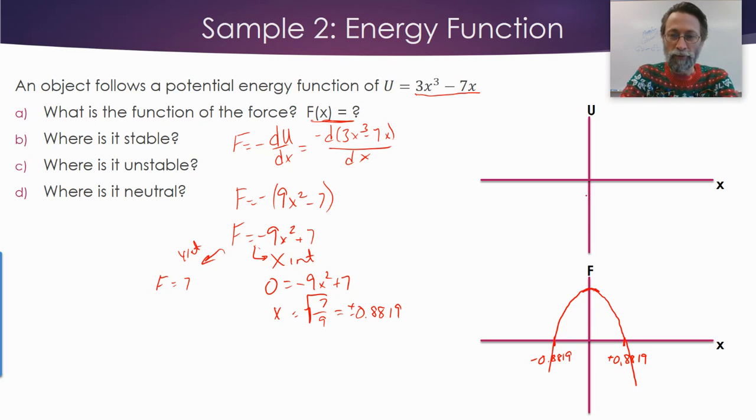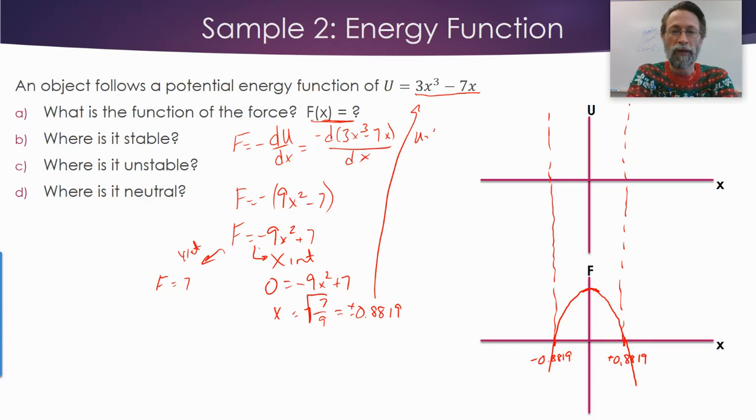I also know that whenever I go up to this cubic function for my position, these are going to be important. They are going to be my max and my min values. So I'm going to draw those up here also so that you can see those correlations on the graph. What I want to do then is plug that 0.8819 into those.